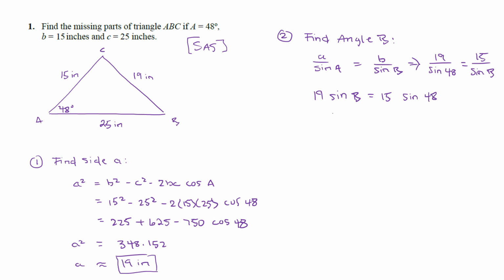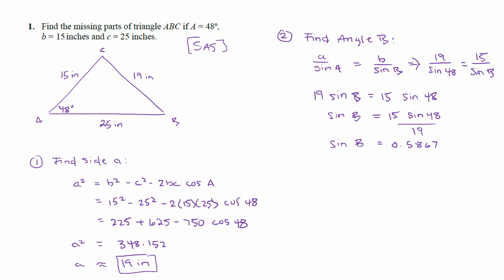Then I will divide both sides by 19. So that will eliminate the 19 on the left-hand side. I'm going to enter in 15 sine 48 divided by 19 in my calculator, and I will roughly get 0.5867.